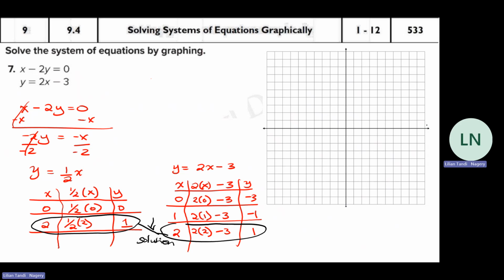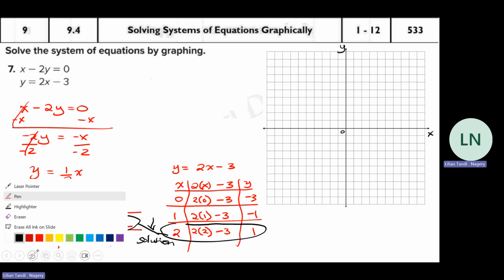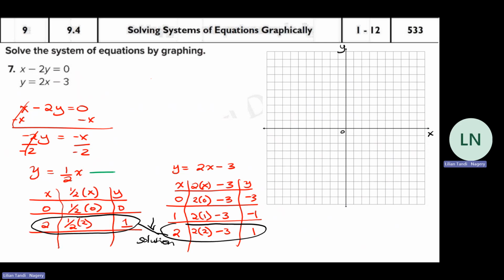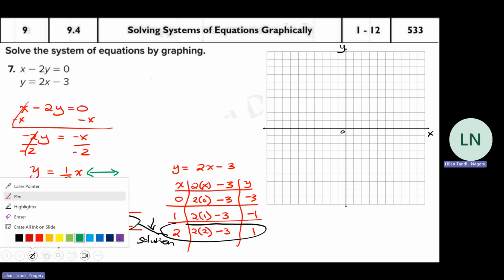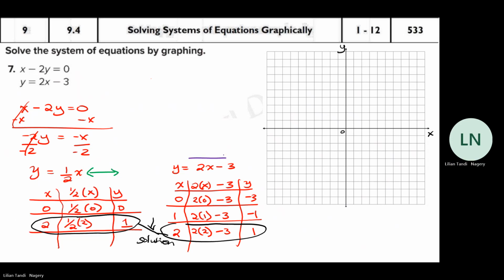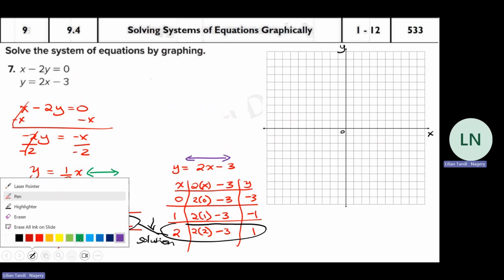So now we always label our coordinate plane with x, y, and 0. We're going to use 2 different colors. I'm going to use green for this one and purple for this one. All right. So let's use our green.